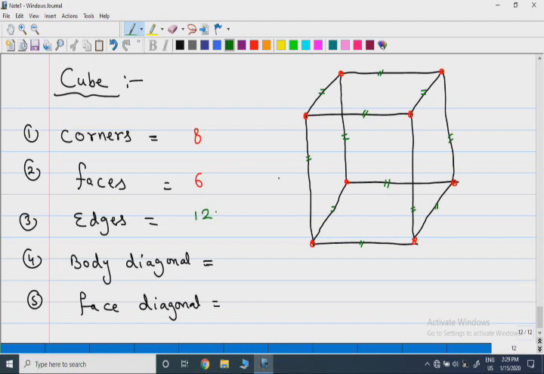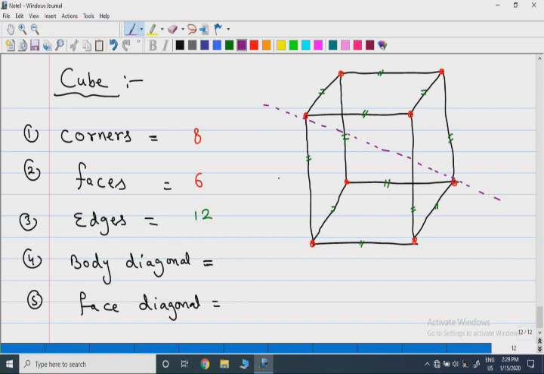Now the question is, what is the body diagonal? Guys, look at this very carefully. If I join this corner with this corner, I'll say this is one body diagonal. Do not copy it, just look at your screen. If I join 2 corners which are diagonally opposite to each other, that line passing through the 2 corners represents the body diagonal.